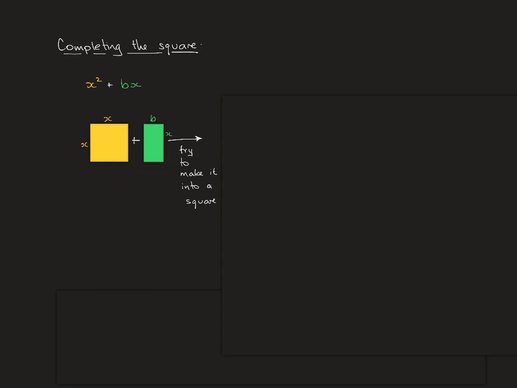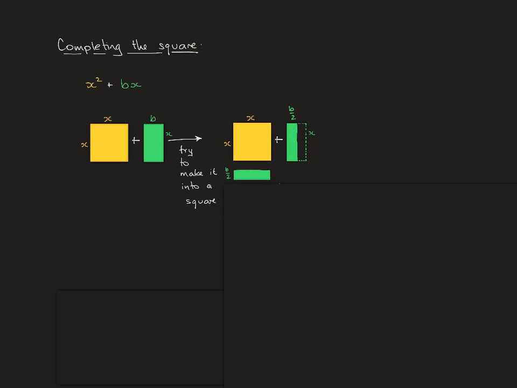So what I can do, I need to put the same amount on each side. So I'm going to take the b block and chop it in half. And half I'm going to press up against one side, and the other half I'm going to put at the bottom.